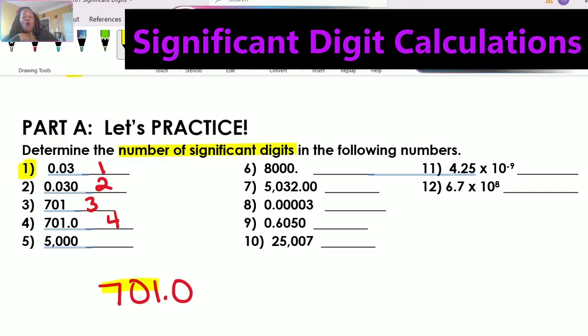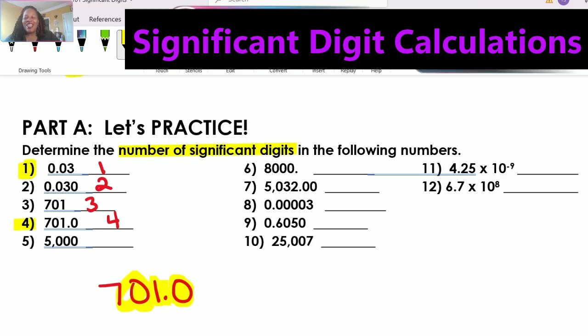The 701, yes, all 3 of those numbers count. But because of that decimal being present, okay, and the 0 that comes after it, that's right, Jock, because of the decimal, that is correct. So that's why the answer to number 4 is 4. This one always gets students in trouble, along with some of the other examples.